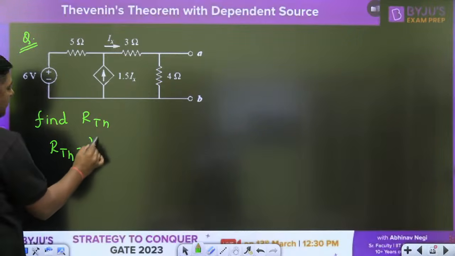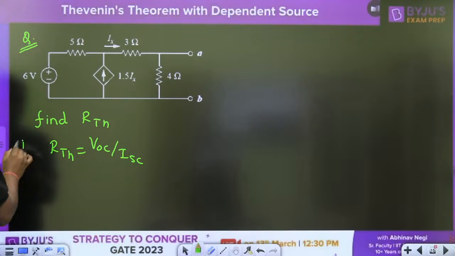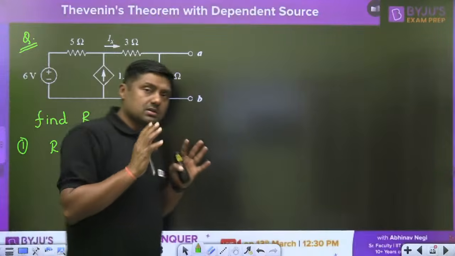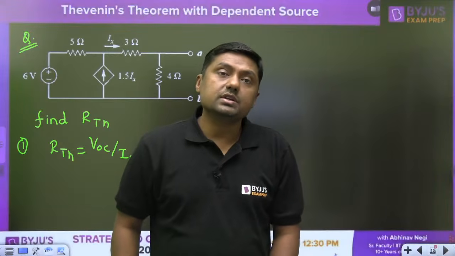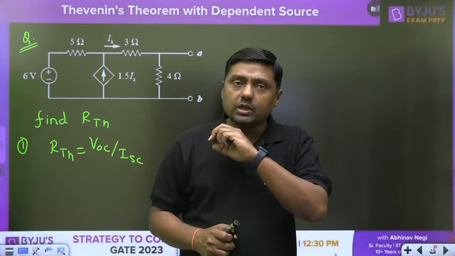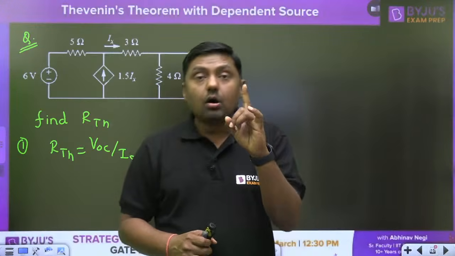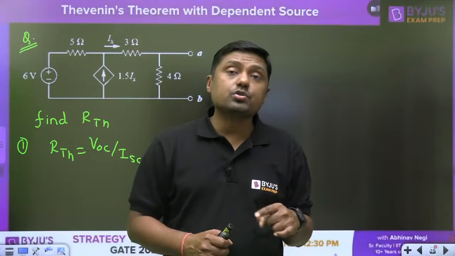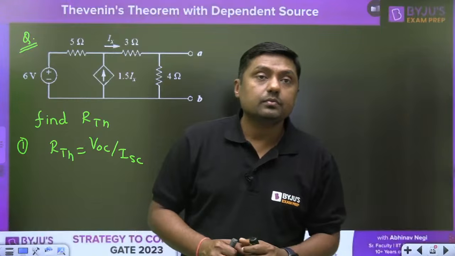RTH means first of all find the VOC, then find the ISC, so this will become very lengthy, and that's why if RTH is directly asked... Yes, Venu Kumar, VOC upon ISC is applicable for dependent sources and independent sources, right? I have already solved one question on independent sources. That is another question on dependent sources. Yes, it is applicable.